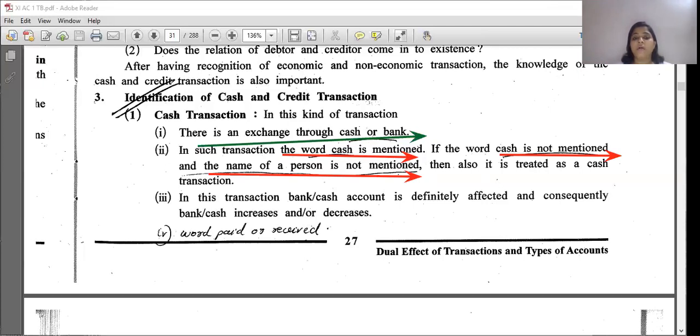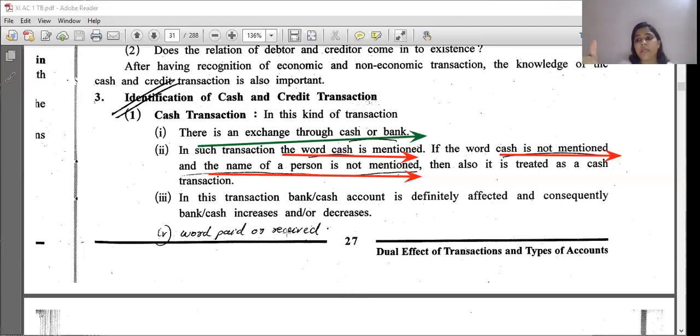Two things: the word cash or bank is given, because if you receive a cheque then also it is treated as cash. Then the word cash is mentioned. And if the word cash is not mentioned along with the name of a party, it is a cash transaction. In this transaction, the bank or cash account is definitely affected and consequently bank or cash increases or decreases. Suppose I purchased goods of rupees 10,000.